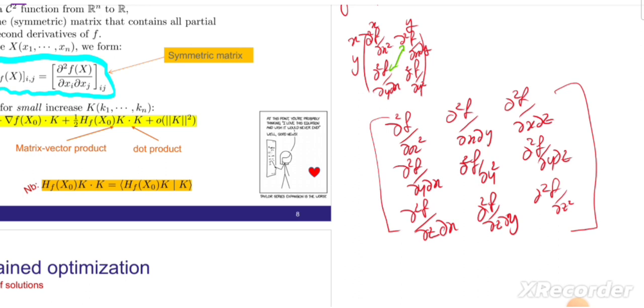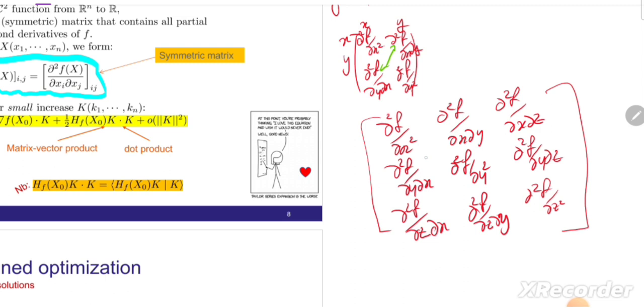Okay, and as we see, we still have Schwarz theorem that is valid, meaning that for the second order derivatives, it doesn't matter in which order you differentiate, whether it's with respect to x and y or with respect to y and x. It's going to be the same value if ever your function has continuous second order derivatives.